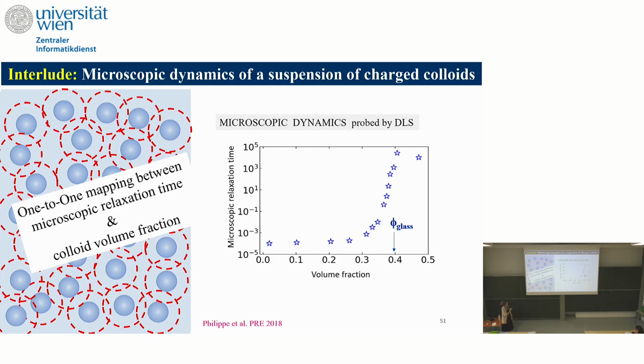No, the blue one. This is why your volume fraction for the glass transition is at this value of 0.4. If you have hard spheres, particles without this soft region where you have this repulsion, the glass transition is about 0.58.